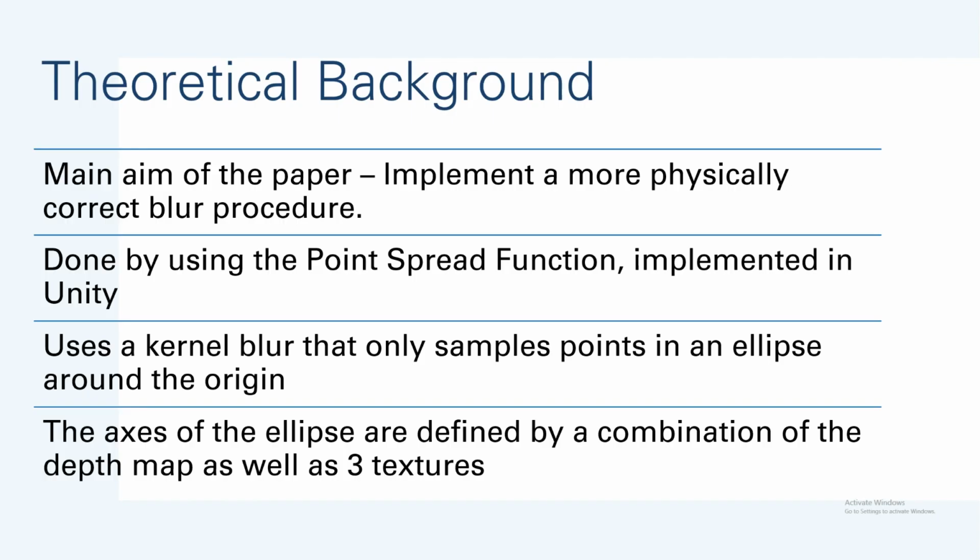So there's a few pieces of background material we need to go over before I can start discussing my implementation. There's theoretical aims and more practical aims of the paper.